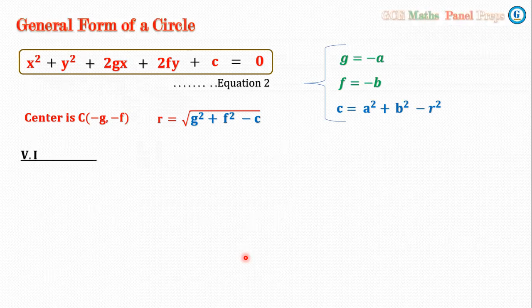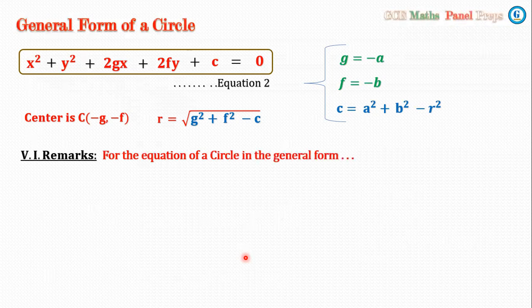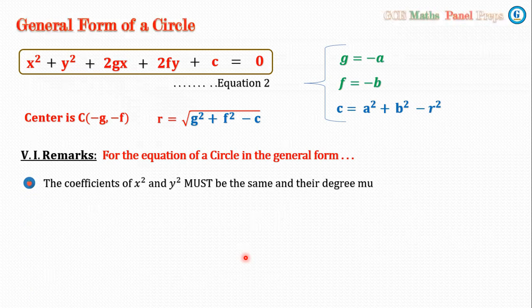So very important remarks about this general equation of a circle. From the general form of the equation of a circle, you have to know the following. The first point is that the coefficients of x squared and y squared must be the same, and the degrees of x and y must be 2.